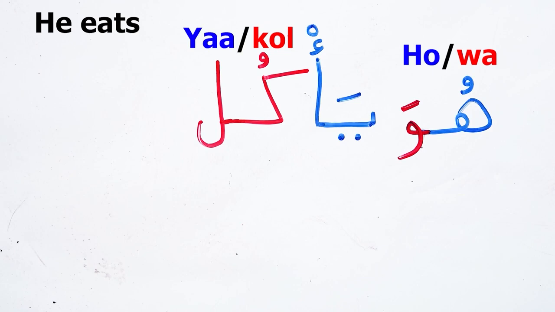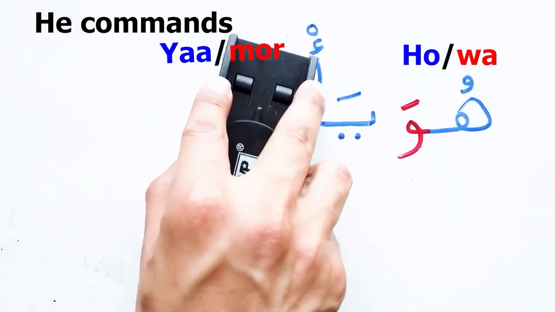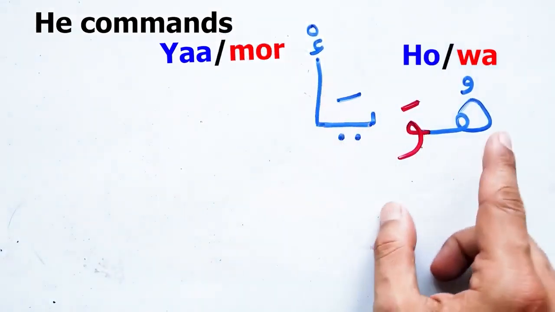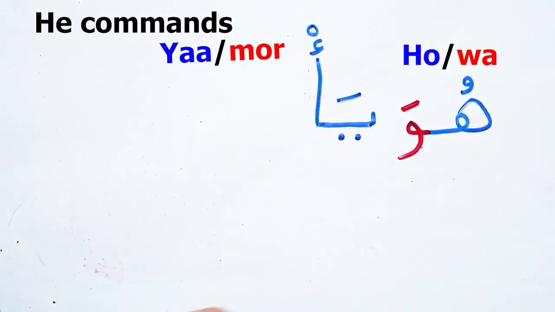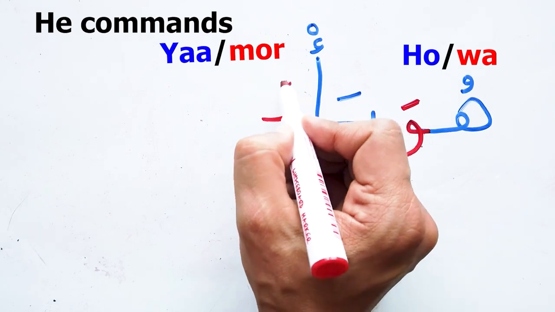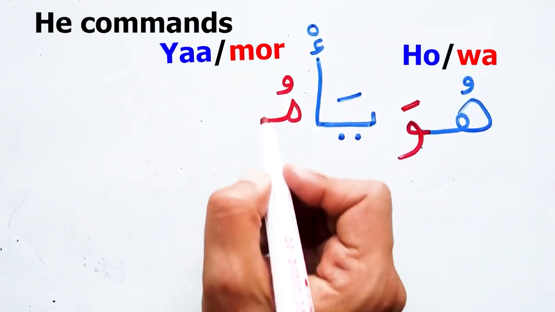Let's learn another word, which is هو يأمر. The same part here in the beginning. مو. The sound of M, we have this letter mim with dhamma, sounds like O. Mu. يأمر.